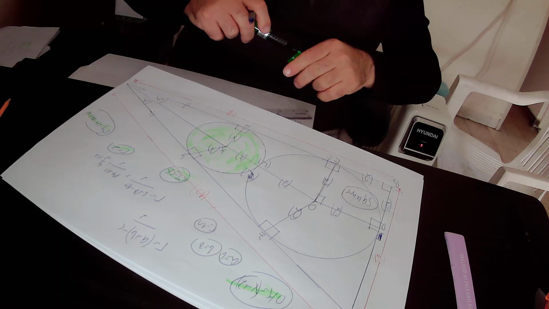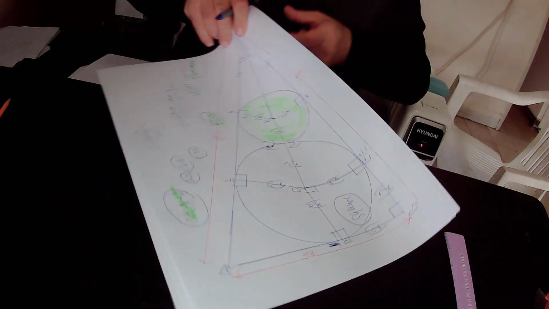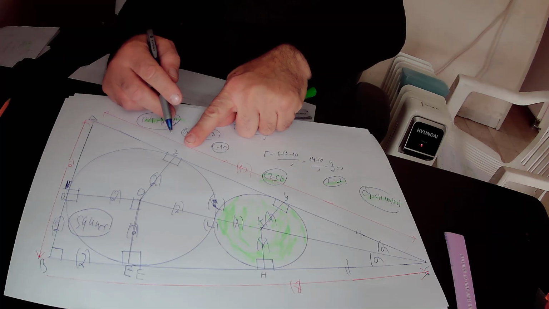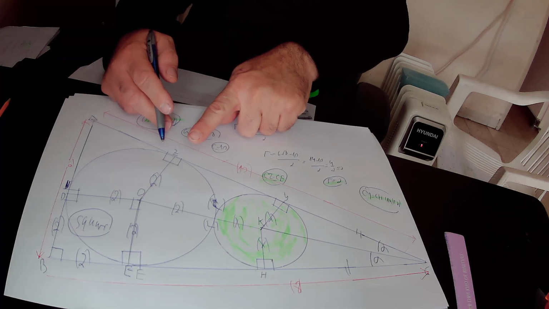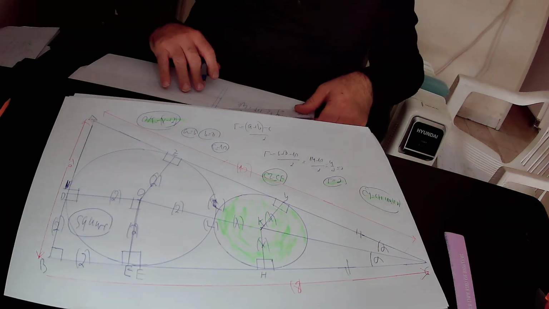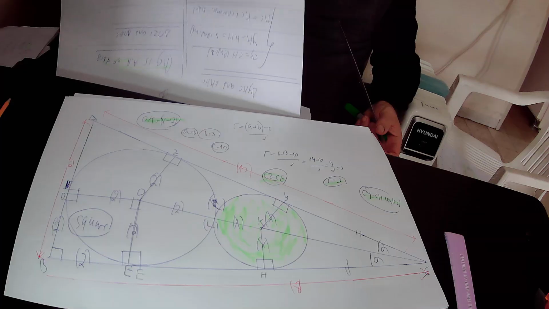So we just found out that side CZ of the upper right triangle OZC is equal to side CE of this right lower triangle OEC.